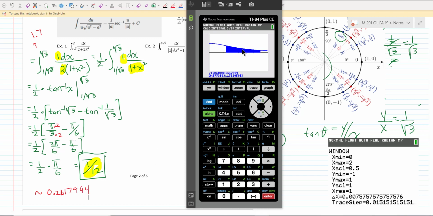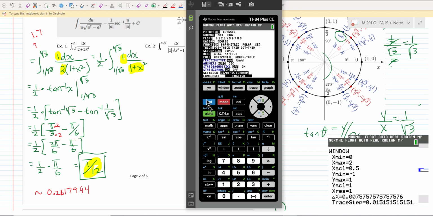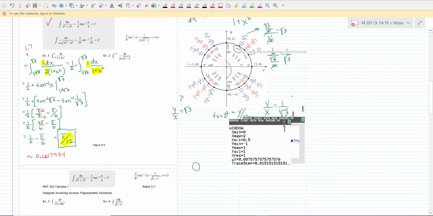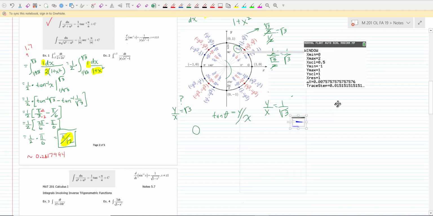So really all I got to do is clear my screen, and if I just go pi divided by 12, see, that matches up. It's the same answer. So that's how you verify that you have the right answer to that problem. I think it's real important to work with this stuff enough so that you know how to do those things and check your answer.